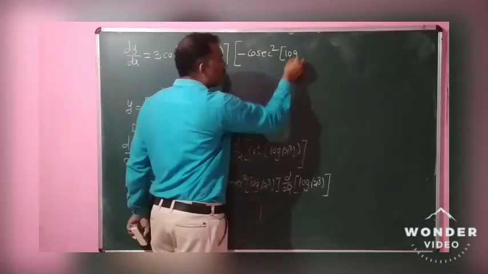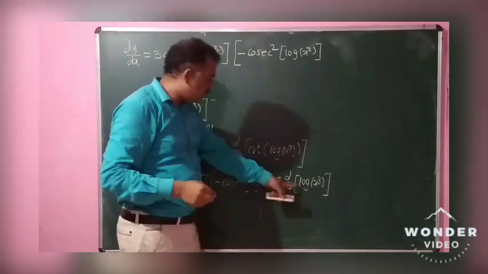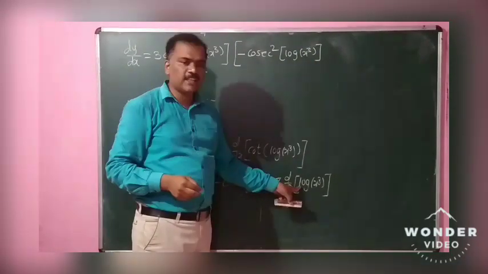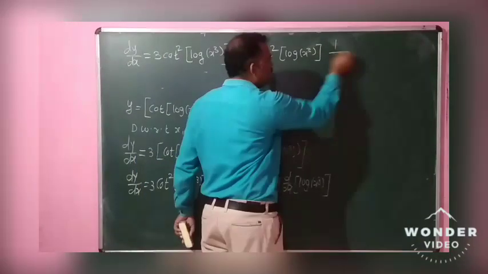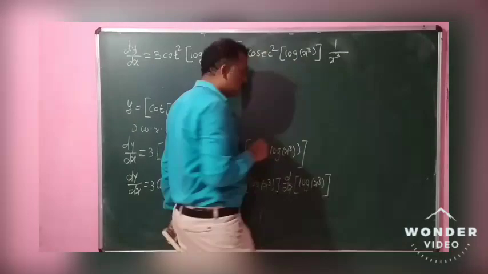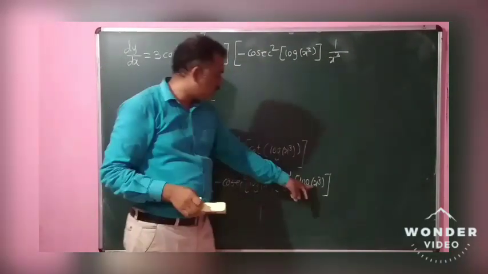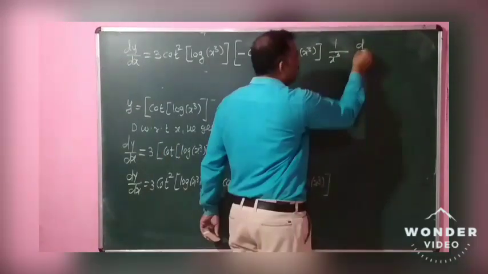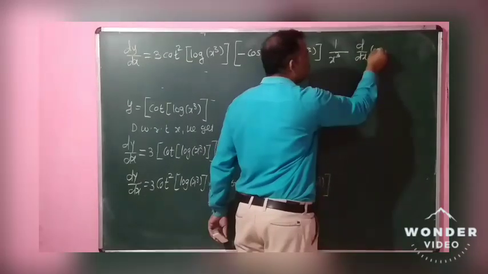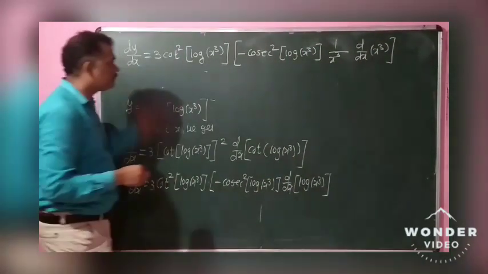Log of x cube, into d dx of this log of x cube. So we have to take the first derivative of log. What is the derivative of log? It is nothing but 1 upon x. Here instead of x, we have to take x cube, that is 1 upon x cube. Now we have to take the derivative of x cube, that is into d dx of x cube. This bracket is complete here.